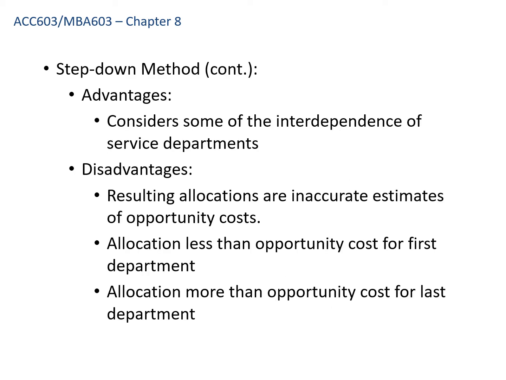Some of the advantages there is it does put a price on what service departments use of each other's services, so that could mitigate the use of it to some extent. Some disadvantages: it is a little bit different than opportunity cost, so it's not a perfect version of what the cost is, and it could either benefit some departments or harm other departments.